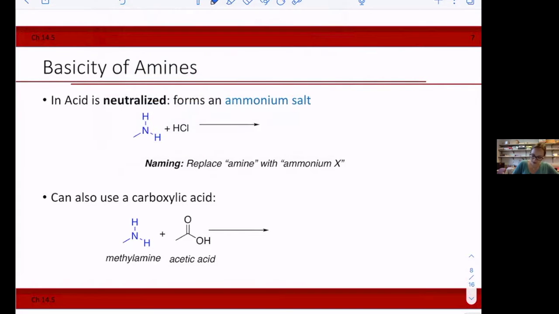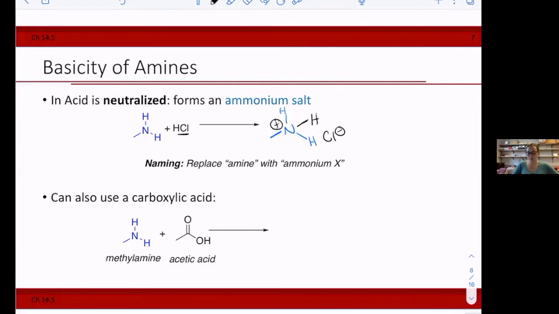Overall, a very similar thing happens in that your nitrogen stays pretty much the same, but now it steals the hydrogen from the acid, gets that positive charge again, and then your counter ion is going to be whatever was your halogen, for example, on the other side. On the bottom, you'll see with carboxylic acid, it's a little bit different.